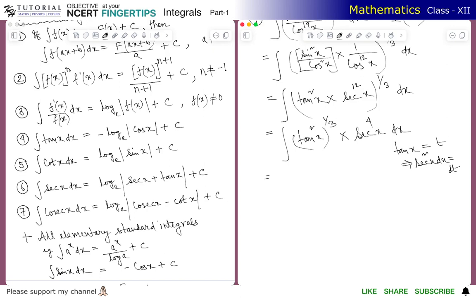And this sec x to the power 4 we have. So one sec square x dx we can substitute with dt and we will be left with sec square x. We can substitute sec square x with 1 plus tan square x.